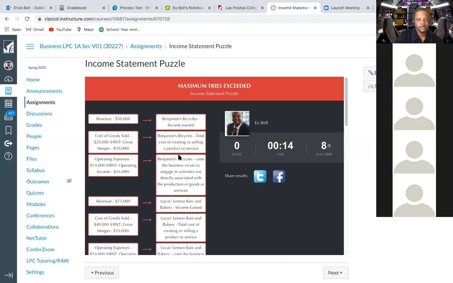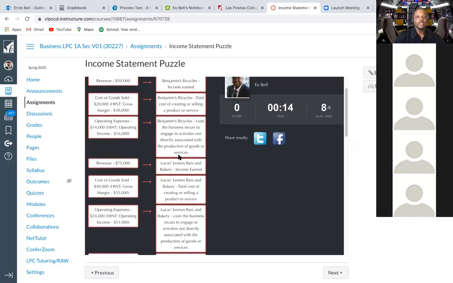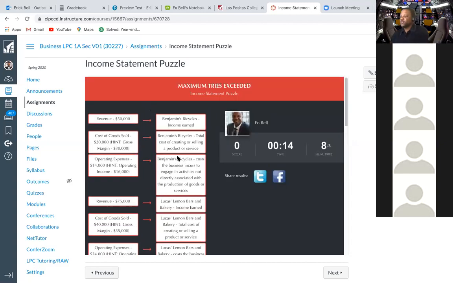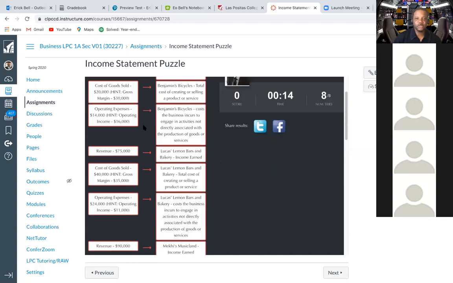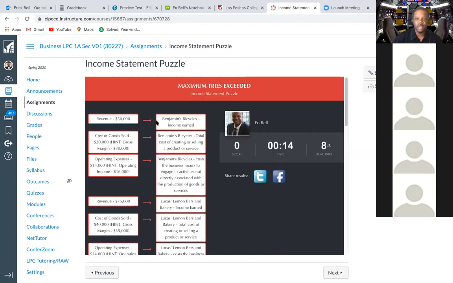So it's not logic. I figured that out too. So yeah, you're right. I think initially you have to make a guess as to which revenue goes where. So here are the answers, which I'm sure you guys saw after your unsuccessful attempt.